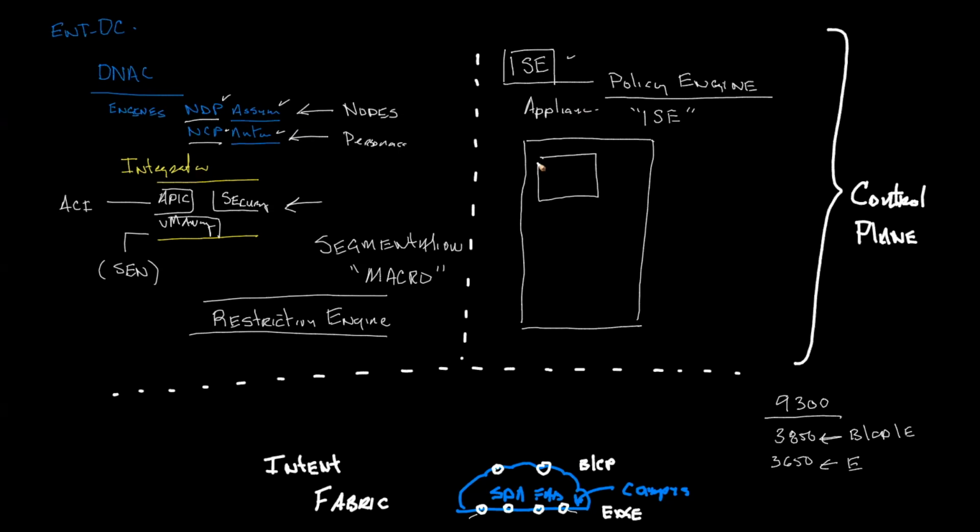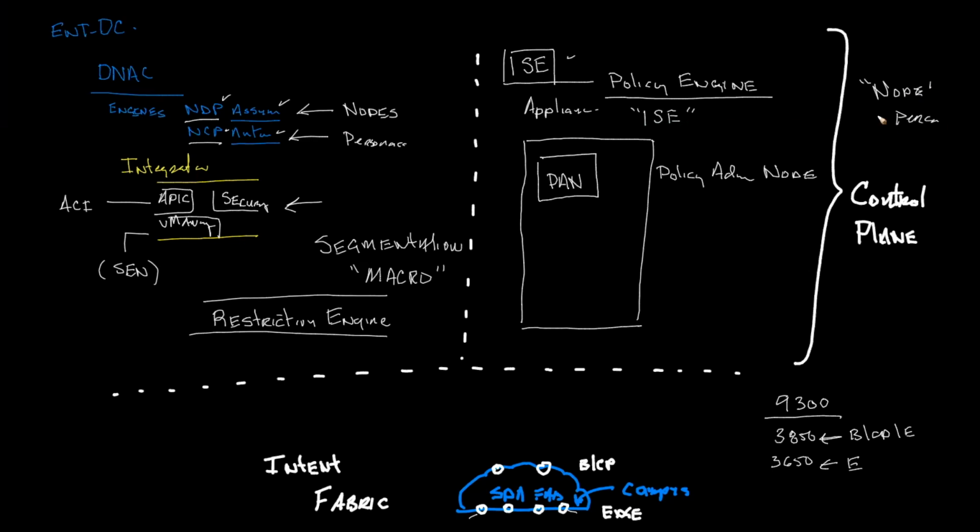There is going to be something called a PAN, a PAN. That stands for a policy administration node. These are sometimes referred to as nodes, again, or personas.